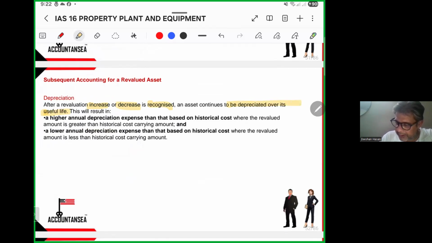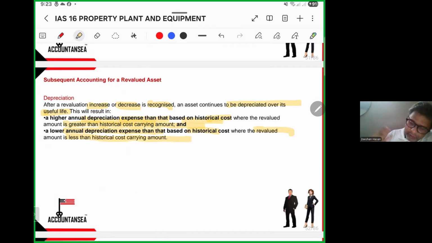This will result in higher annual depreciation expense than that based on the historical cost where the revalued amount is greater than the historical cost carrying amount, and lower annual depreciation expense than that based on historical cost where the revalued amount is less than the historical cost carrying amount.